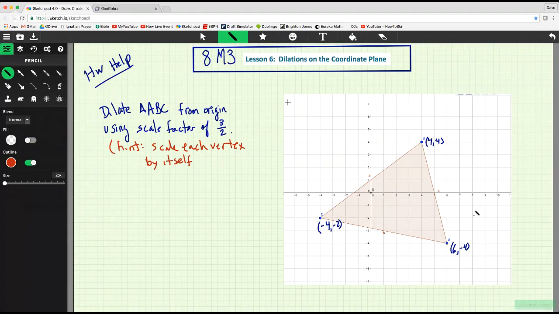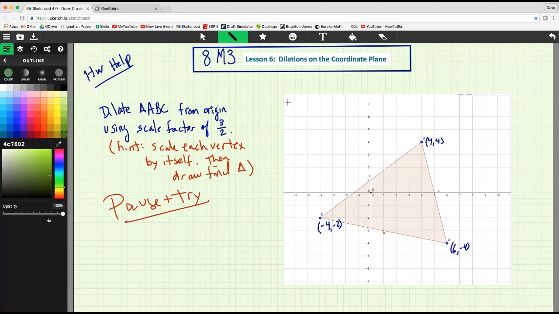So you have three dilations, then draw the final triangle. Now I want you to pause and try. Now I assume you're back, and we're just going to do each one of these using our formula.